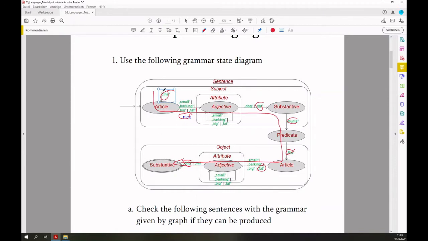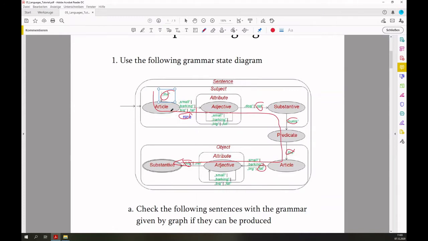So possible is also the nice dog hunts the barking dog, and the nice small dog hunts, and so on. So all of the possibilities which we can now create are allowed now.